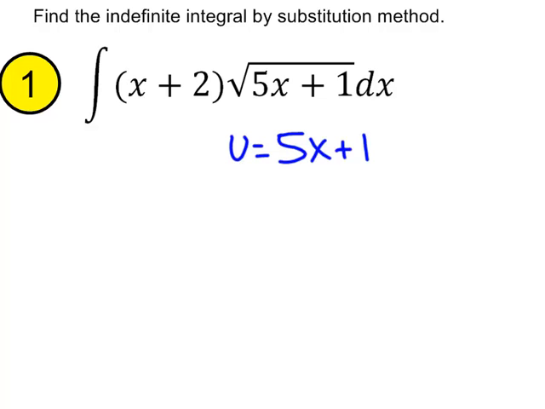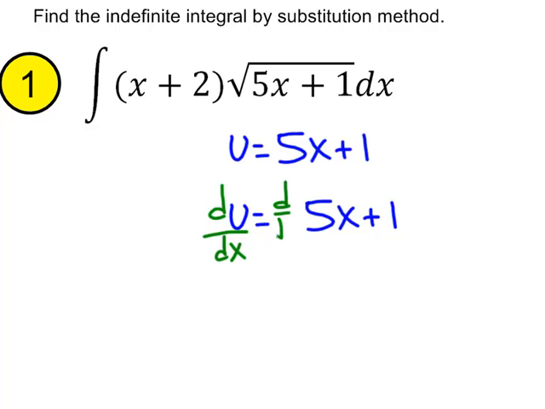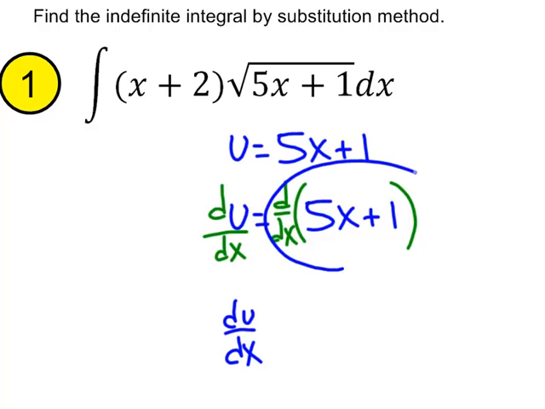So as far as the dx goes, let's take the derivative of this U. d over dx, and that's going to give us du over dx. And what is the derivative of 5x plus 1 with respect to x? Well, it's just 5, right?